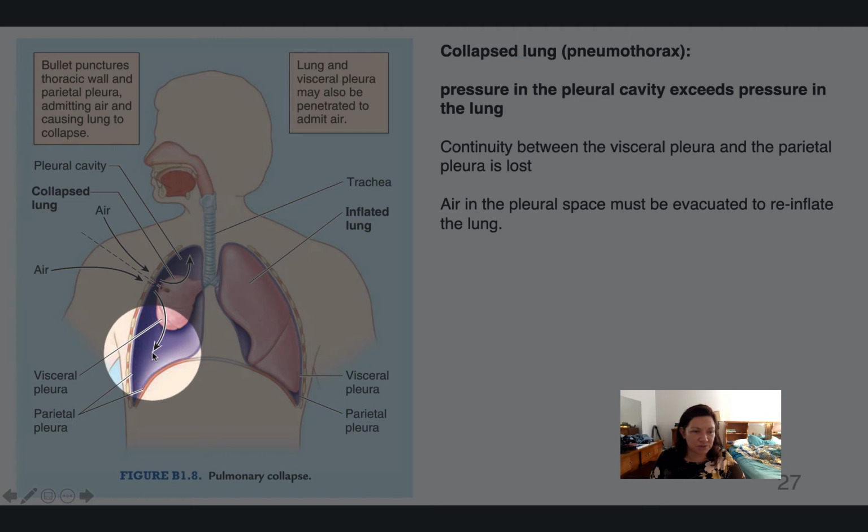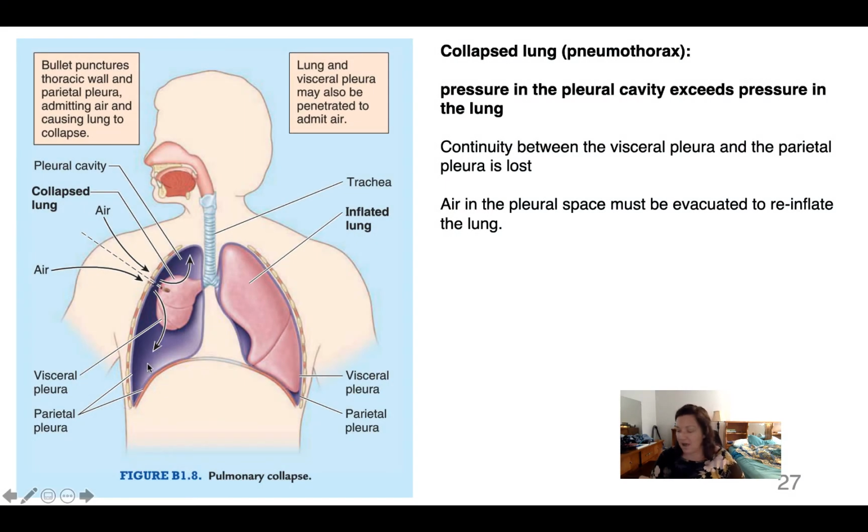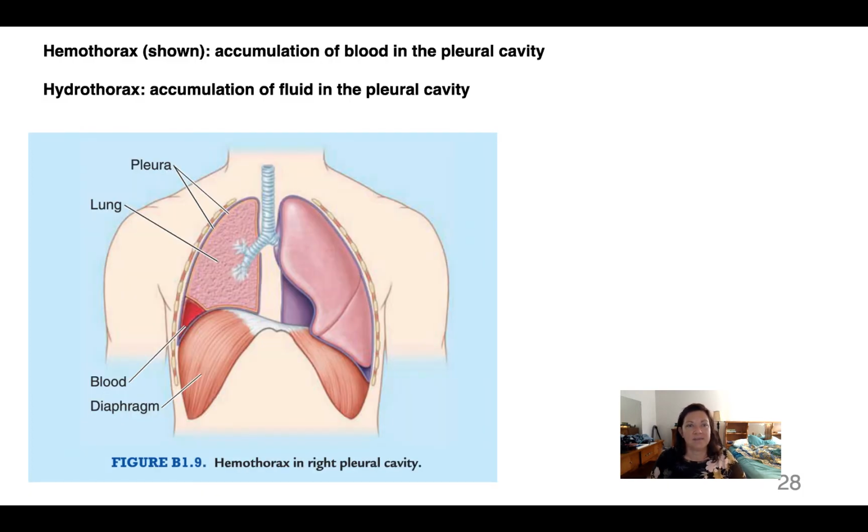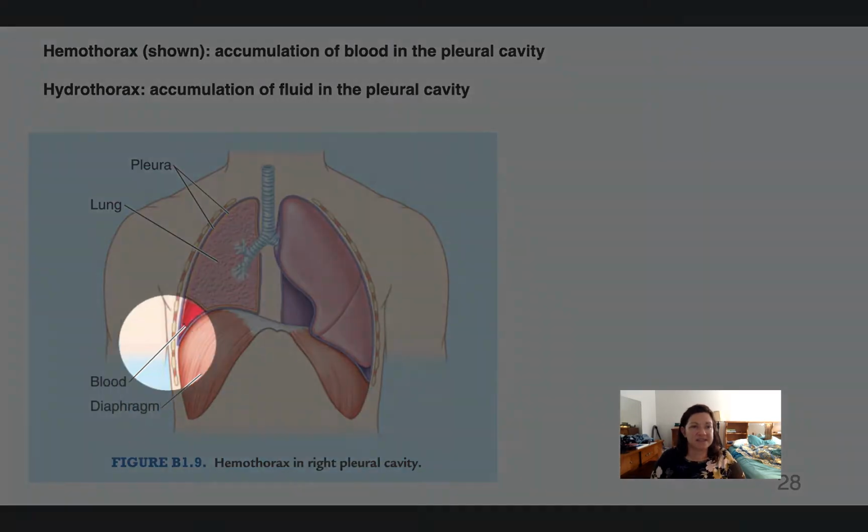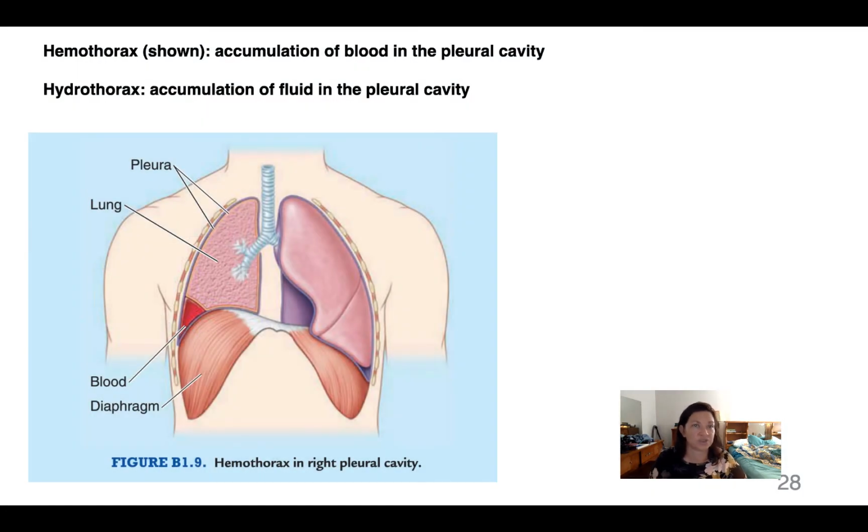So you have to insert a tube, typically, unless the body can do this spontaneously, and extract air, or vacuum air, out of the pleural space. You can also have, in addition to a pneumothorax, air in that space, you can have a hemothorax, which is shown, which is accumulation of blood, or a hydrothorax, which is accumulation of another fluid in the pleural cavity.